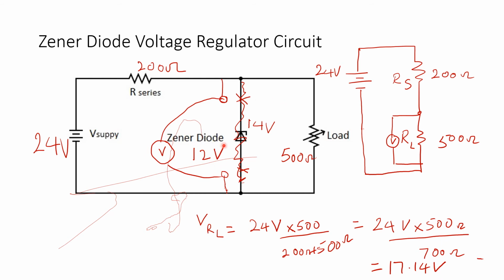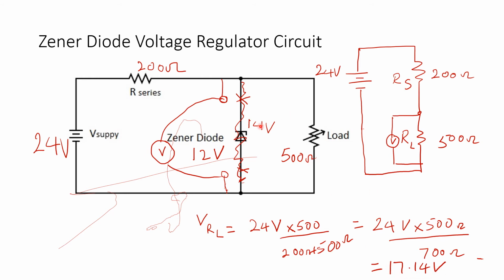You can now have 17.14 volts across here, across the terminals where the Zener diode has been removed from, and that would regulate because you will have a higher voltage than the Zener diode voltage. But what would happen is, under this condition, the Zener diode will always maintain 14 volts across the load. You wouldn't get 17.14 volts out, right?